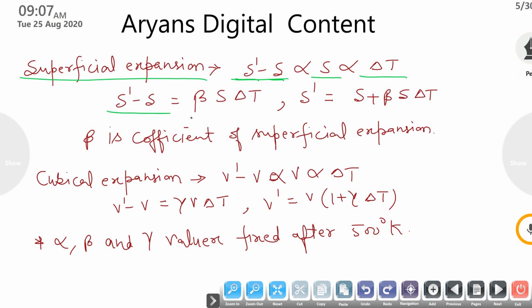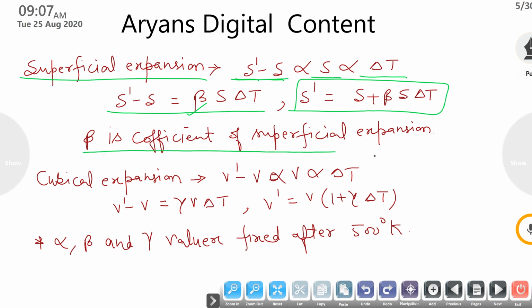If we combine and remove the sign of proportionality, then we can use a constant, and here the constant is beta. So S dash minus S is equal to beta S delta T. So we can find S dash from this equation. Beta is nothing but the coefficient of superficial expansion. This also depends on the type of material.